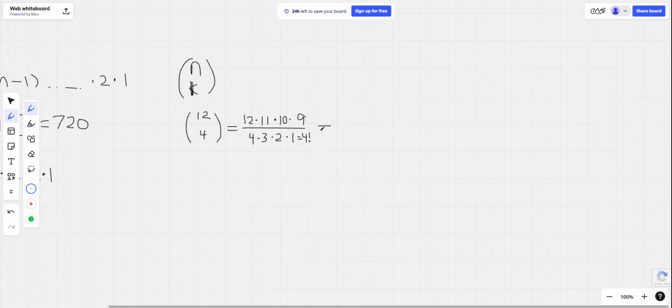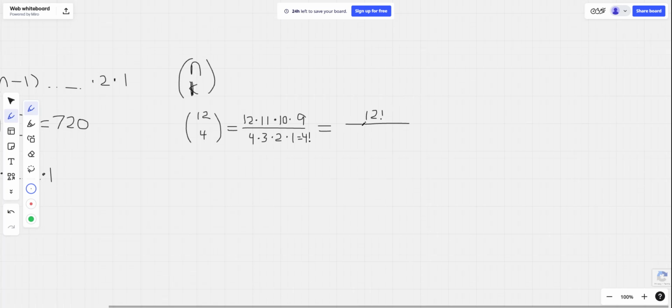Another way you can think about this is there's 12 factorial ways to pick 12 songs, right? In order. So 12 factorial is counting order.